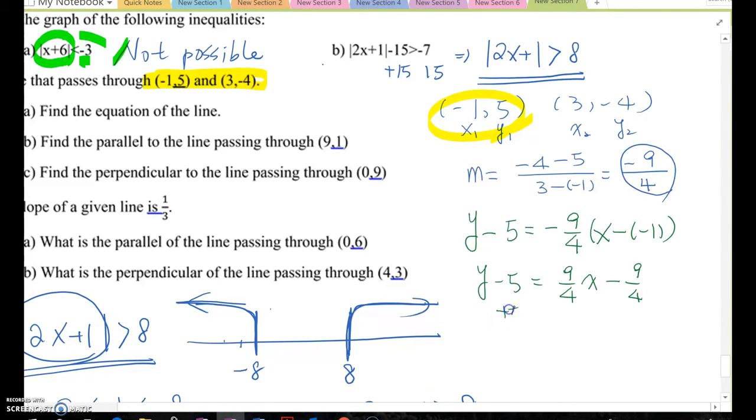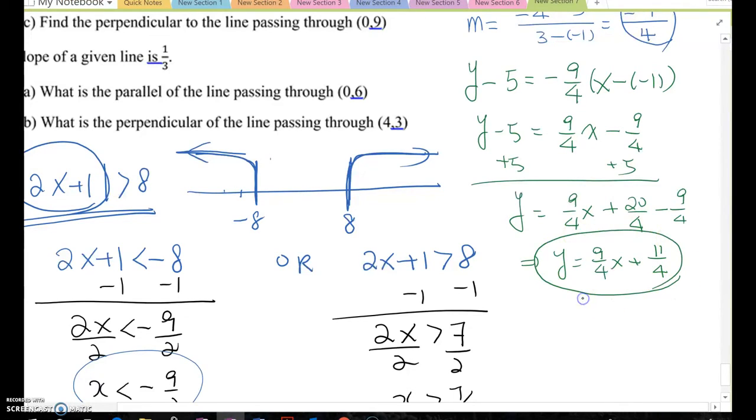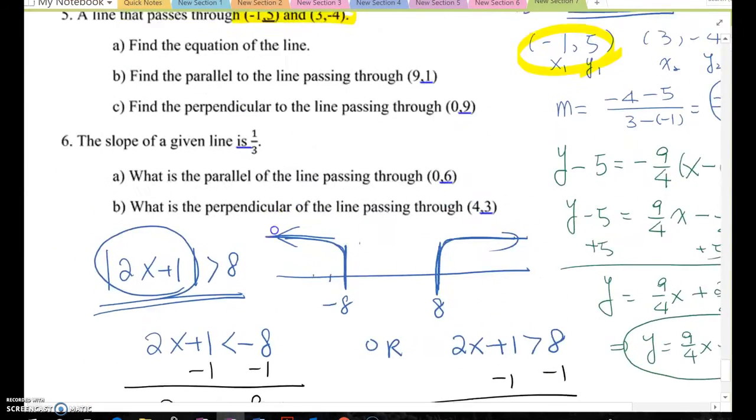You combine 5 here, then it becomes y equals negative 9 over 4 x, and then plus 20 over 4 minus 9 over 4, so y equals negative 9 over 4 x plus 11 over 4. So that will be the equation of the line here. Okay? Alright then.